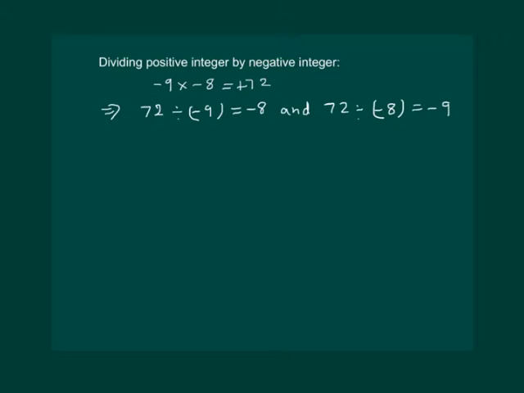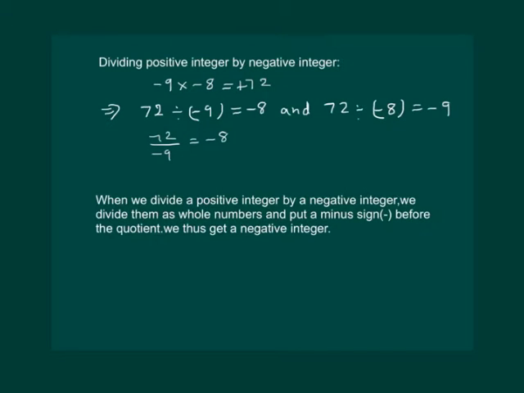We can also write it as 72 by minus 9 is equal to minus 8. In other words, we have just divided the two whole numbers and in the answer we have included this minus sign. So we can say that when we divide a positive integer by a negative integer, we divide them as whole numbers and put a minus sign before the quotient. We thus get a negative integer.